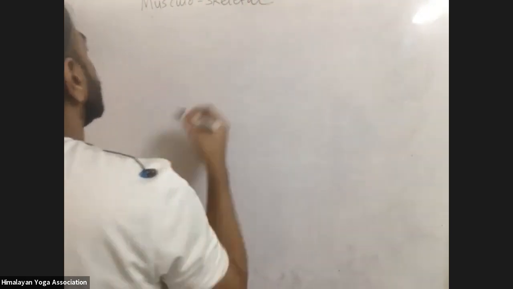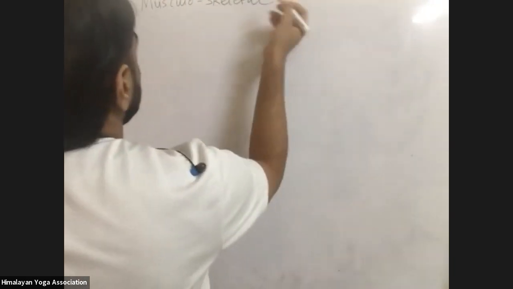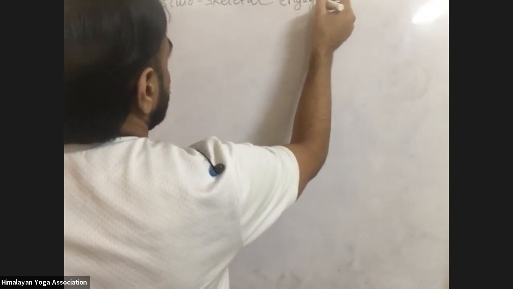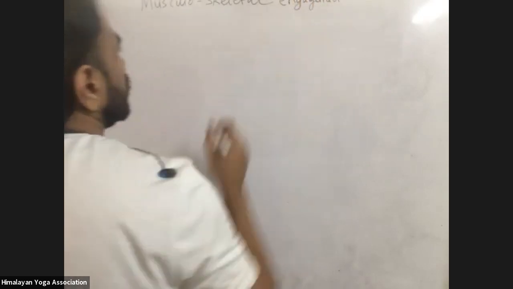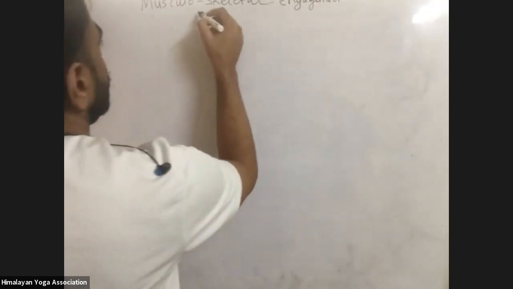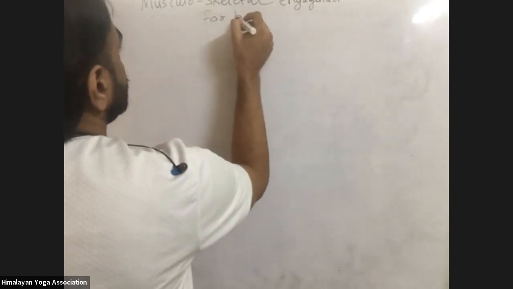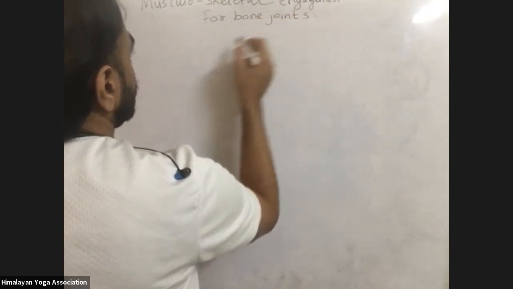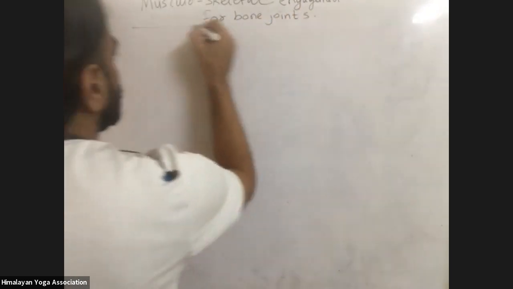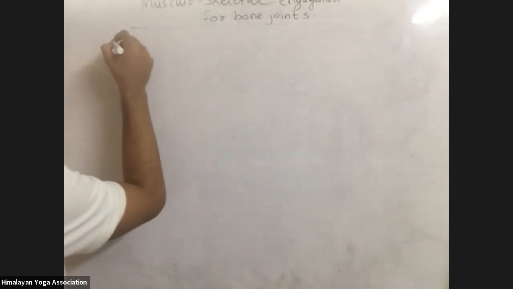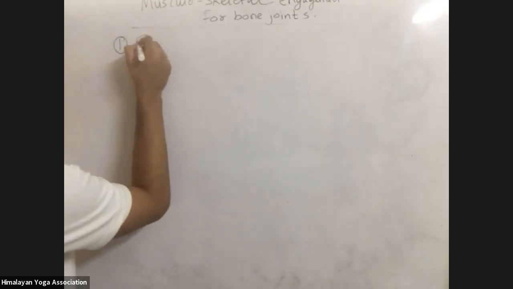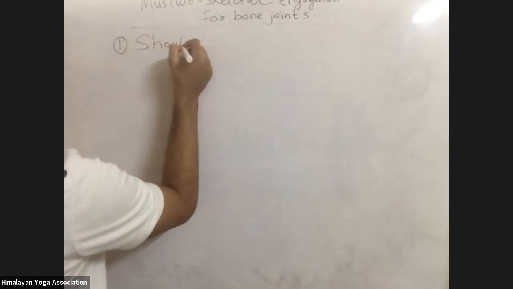Musculoskeletal movement, musculoskeletal muscle engagement for bone joints. Now, for the first one, we will proceed from the shoulder. So we have the shoulder joint first.